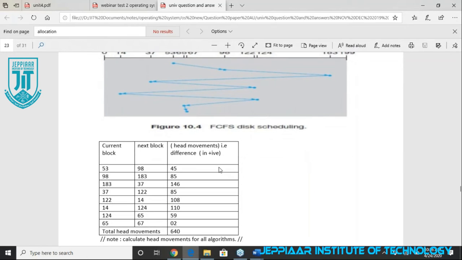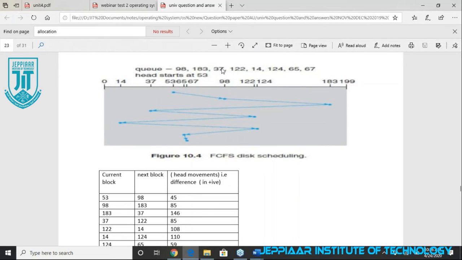Now what I have to calculate is the total number of head movements. Currently I was at 53, I read 98, so the difference is 45. From 98 I went to 183, so the difference is 85. From 183 I went to 37, so the difference is 146. From 37 I went to 122.